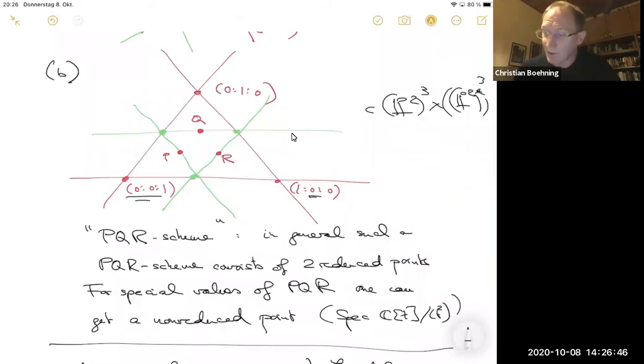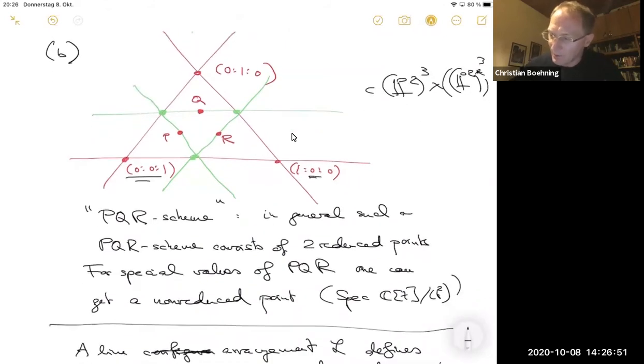So they contain no other points constructible in n-1 steps or fewer. So then you can get that.